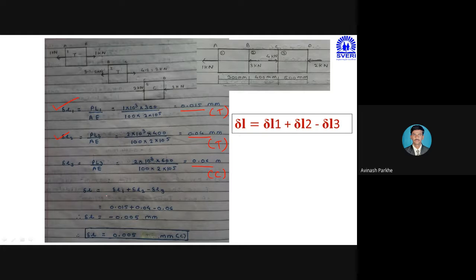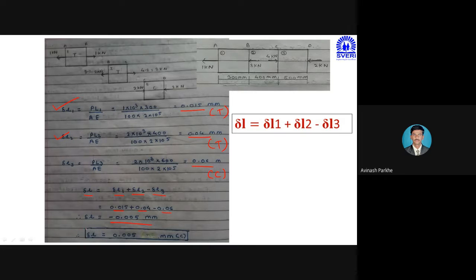And at the end, total deformation is equal to delta L1 plus delta L2 minus delta L3. I have kept the values of delta L1, delta L2, delta L3, and I got the answer: total deformation is equal to minus 0.005 mm.